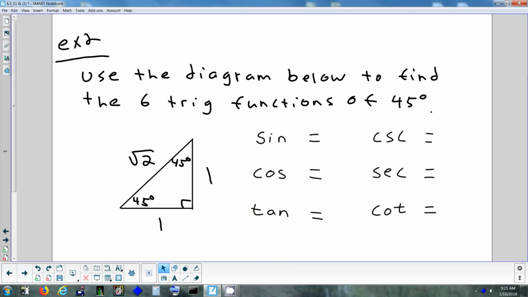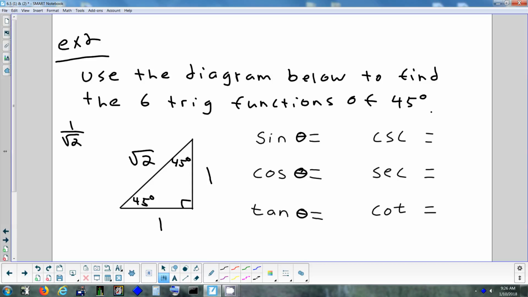All right, so let's start with our sine. Dylan, what's my sine here? 1 over the square root of 2. Okay, so yeah, it'll be 1 over the square root of 2, and then when you fix it, if you have 1 over the square root of 2 and you multiply top and bottom by square root of 2, what would you get?